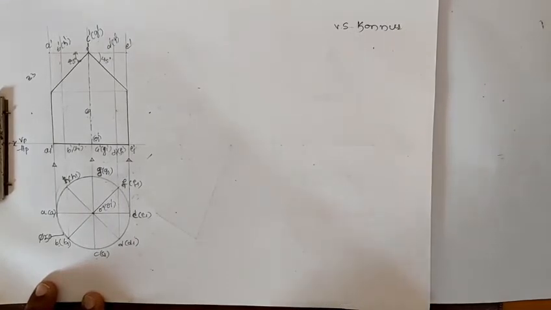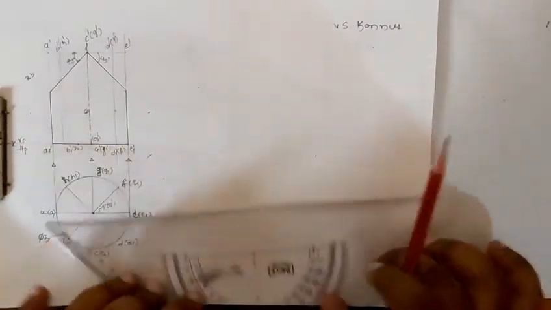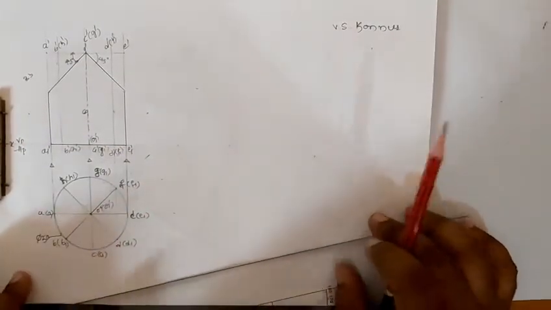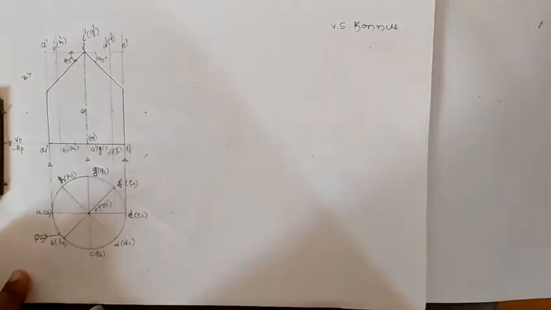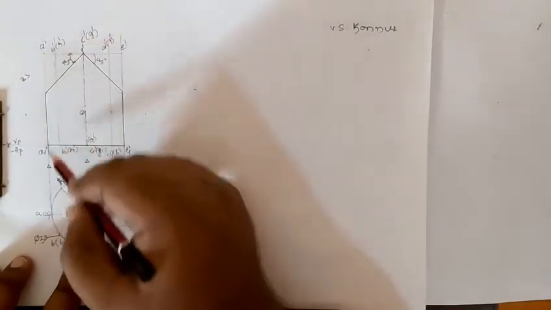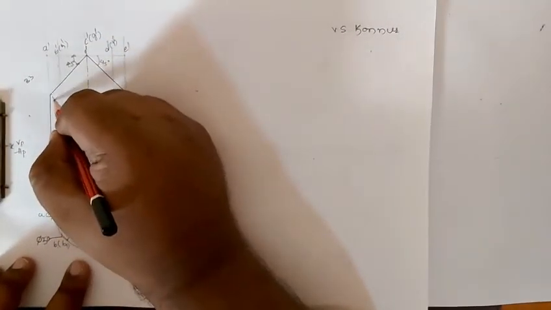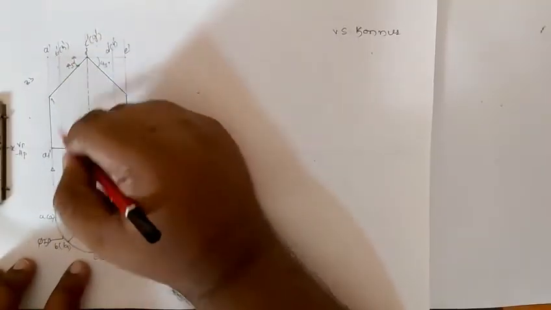Now we'll give the numbering first. From this, OA, A1, I will take the A1 A point. This is called 1. Then go for BB1, here, the second point.